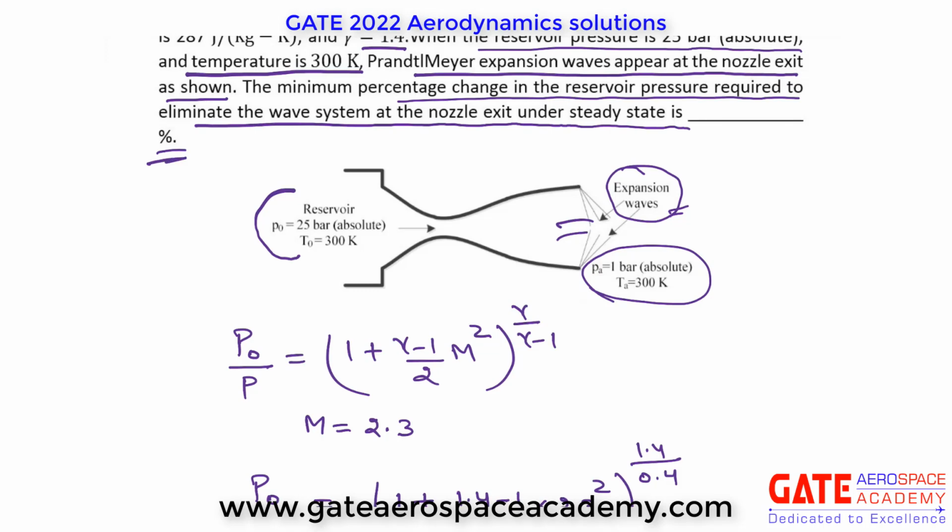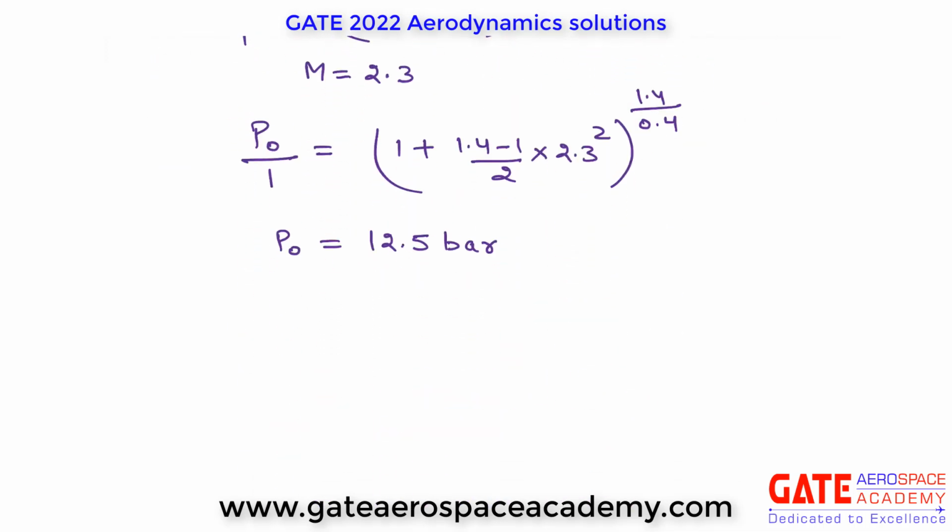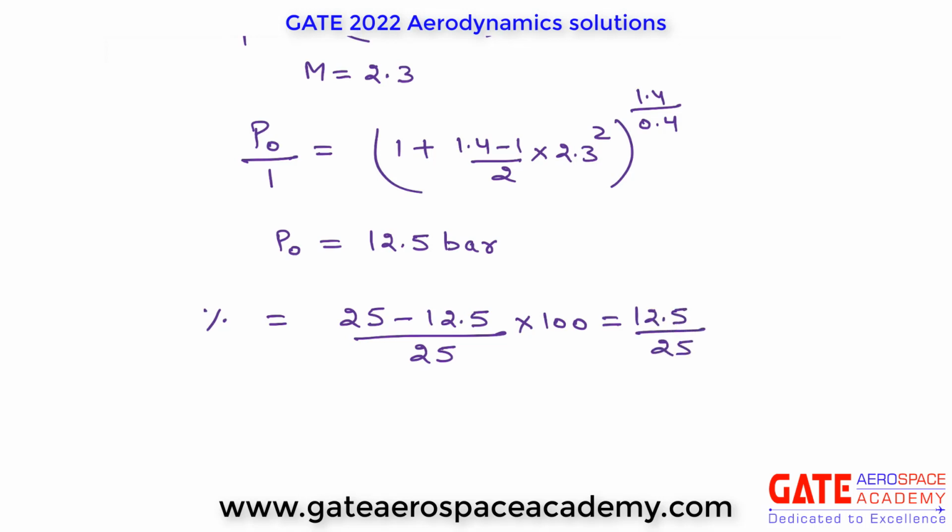So they are asking percentage change. Initially it was 25 bar, now it is 12.5. So percentage change will be equal to 25 minus 12.5 upon 25 into 100, that is 12.5 by 25 into 100, means 50%.